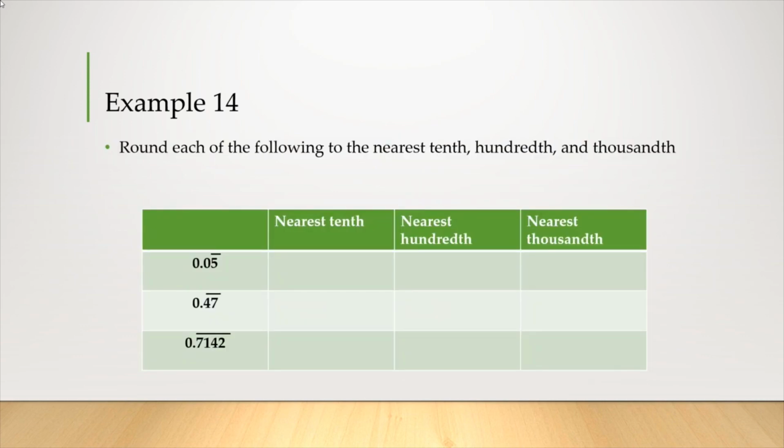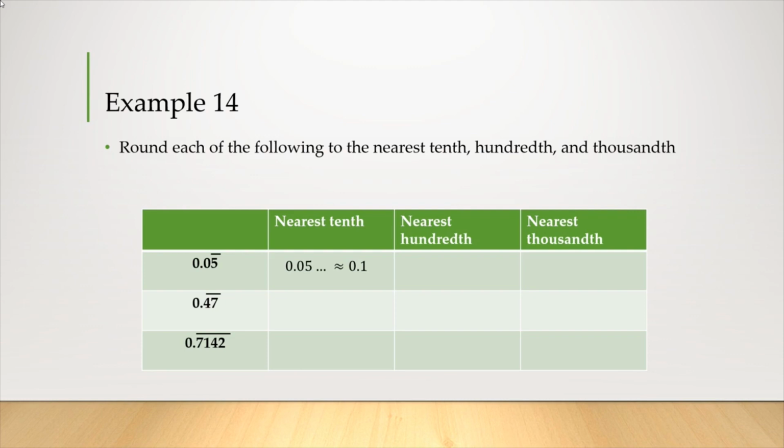All right, so what about rounding repeating decimals? And this can be kind of tricky, but what you're going to do is just extend it to what you need. So we're going to round each of these to the tenths, hundredths, and thousandths.